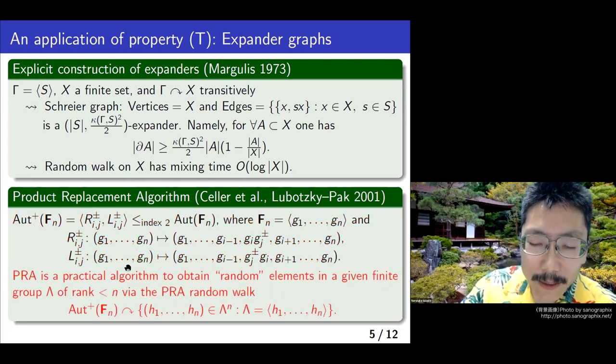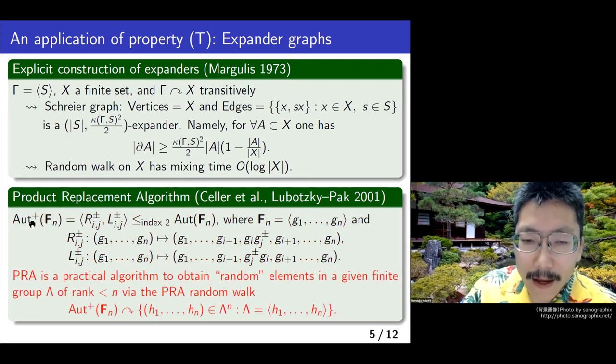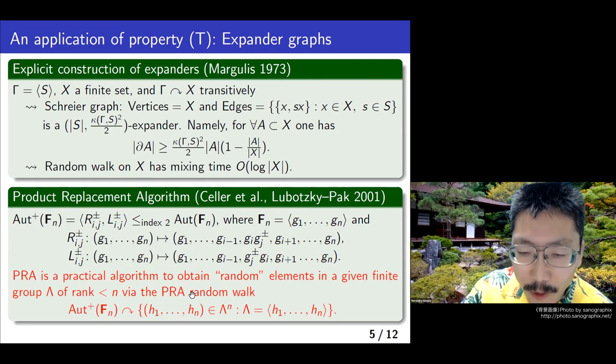The explanation is that this group may have property T, in which case the product replacement random walk works in the following way.